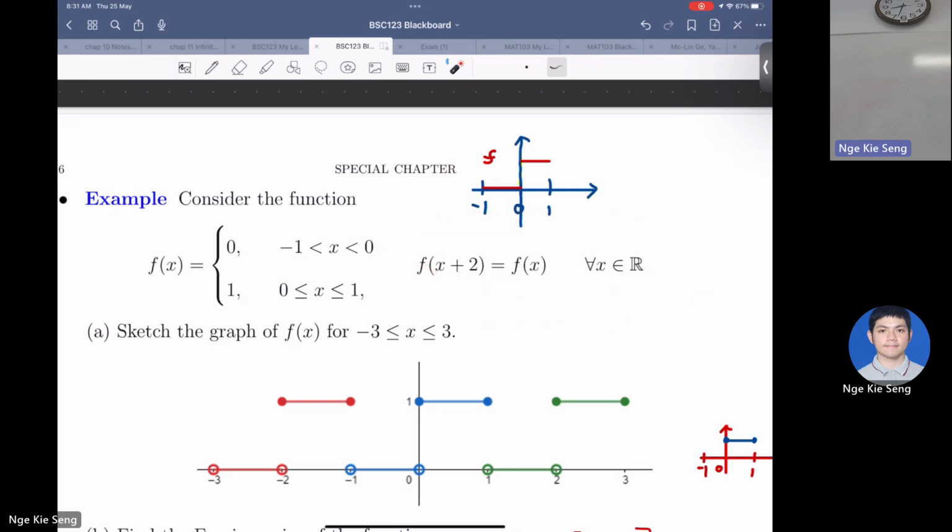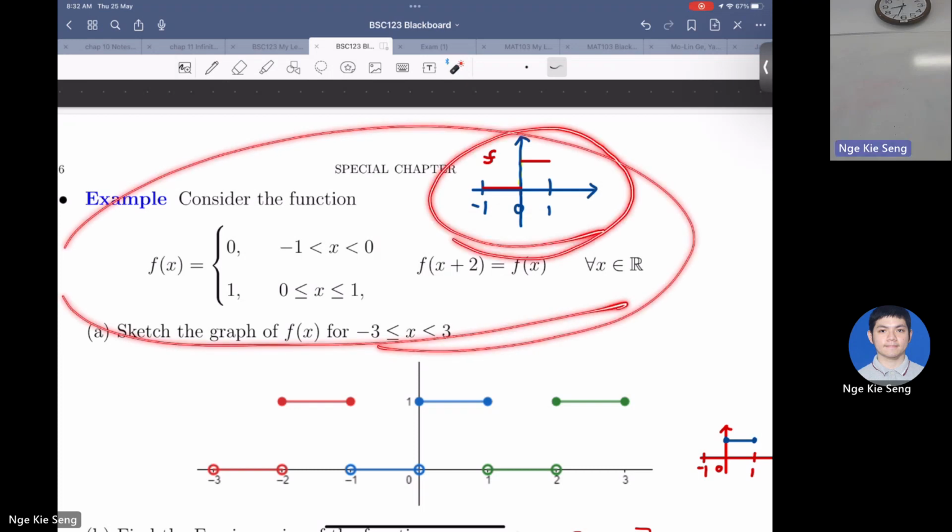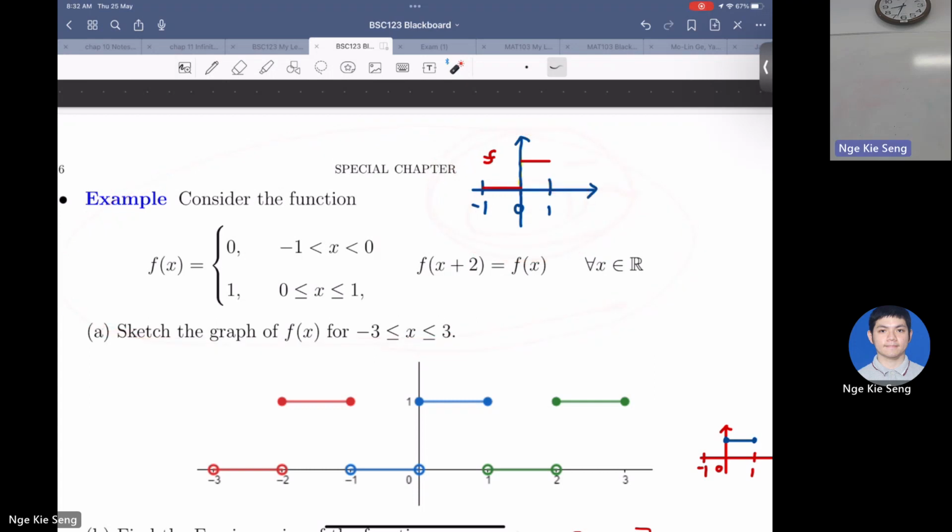Every time I want to produce a periodic function, the easiest way is I tell you what happens within an interval, and then I repeat it. This is what this question is doing. I have a pattern over an interval, and then I repeat it over this interval of 2 everywhere, on the whole real line.